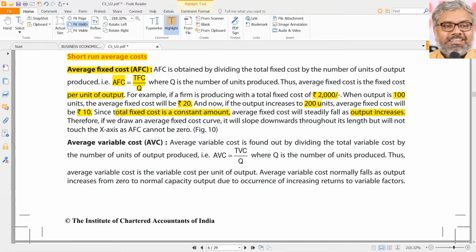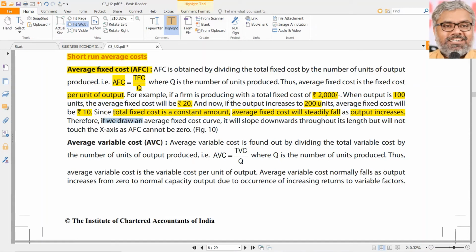When the numerator is constant and the denominator keeps on increasing, what happens to the resultant, that is average fixed cost? Naturally, it will steadily fall. In this example, from 100 units, the output increased to 200 units, and the average fixed cost has fallen from 20 rupees per unit to 10 rupees per unit. So average fixed cost will steadily fall always, because the output, the denominator, keeps on increasing.